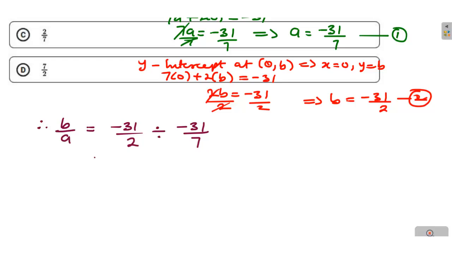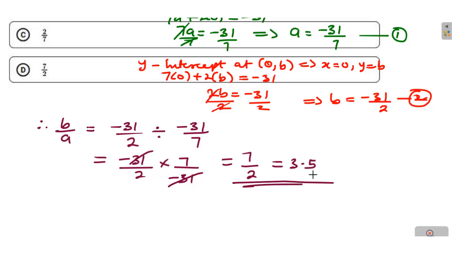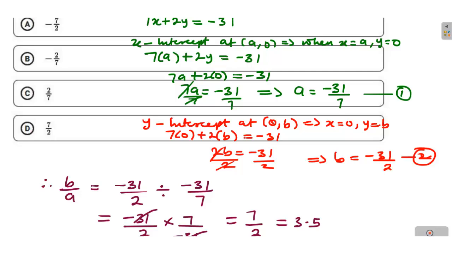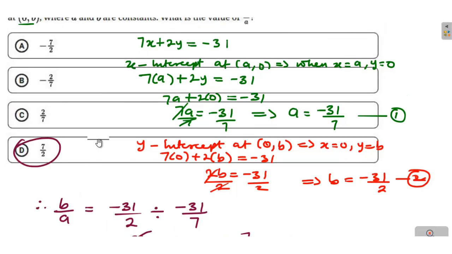Okay, so this will now turn to -31 over 2 times 7 over -31. This cancels this, so we have 7 over 2. All right, and 7 over 2 is the same thing as 3.5. Of course we have options here, so the correct option to this is option D, which is 7 over 2.